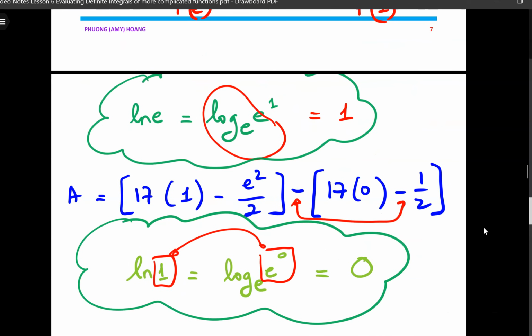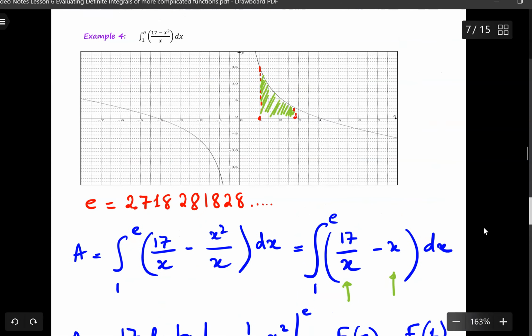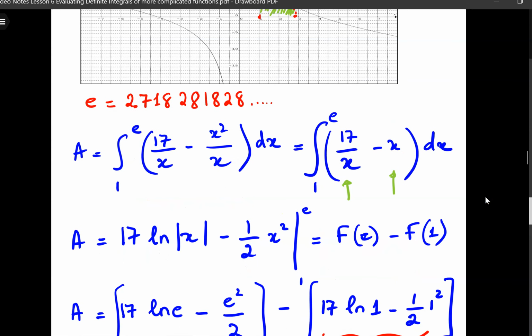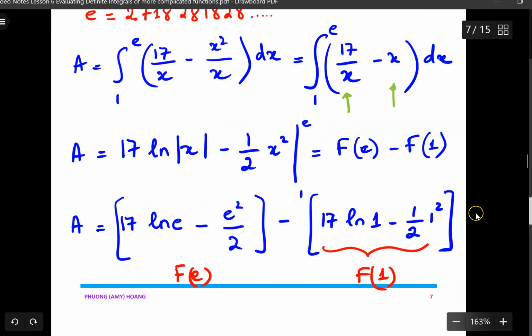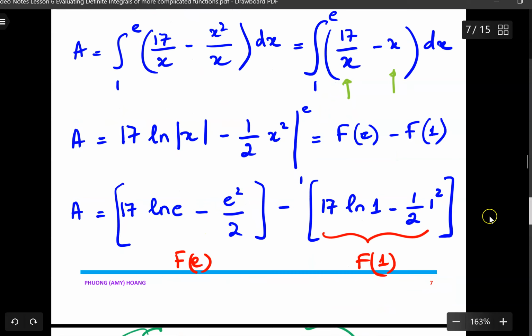Just to recap what we have done. In this particular example, we have the upper limit as e. I strongly recommend that we leave the upper limit as e, and then we can apply the fundamental theorem, integrate, and not worry about that e. It probably takes care of itself at the end.